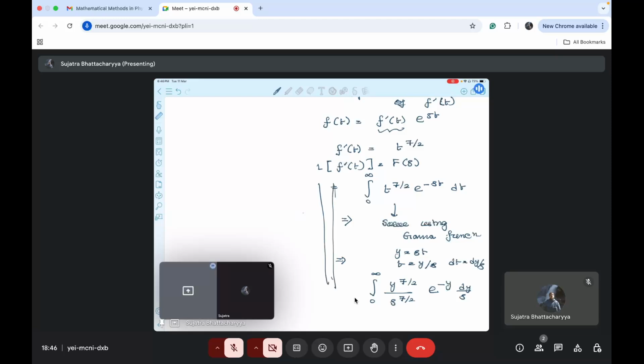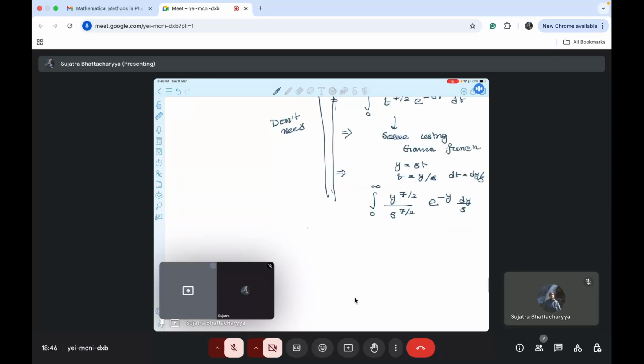We don't need to do it. Why? Because we have already seen that the Laplace transform of t to the power n is n factorial divided by s to the power n plus 1.